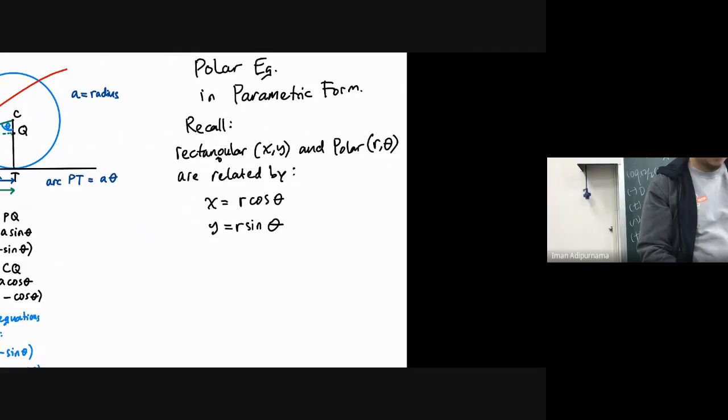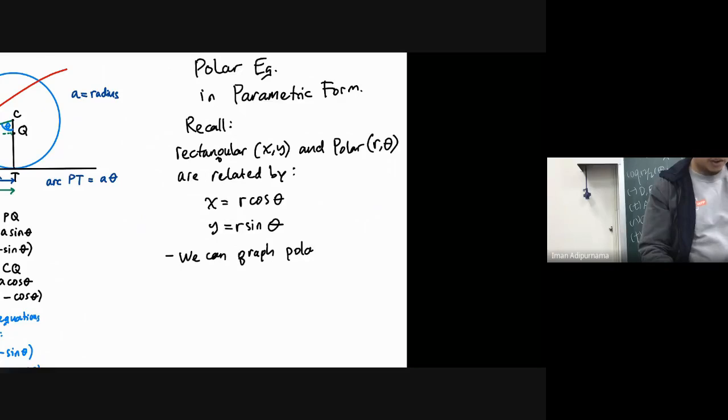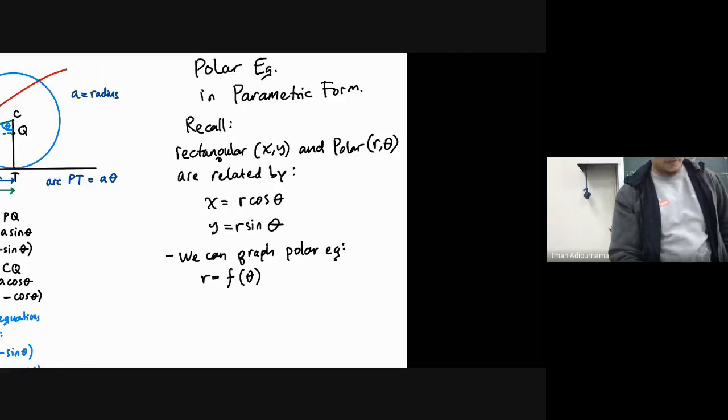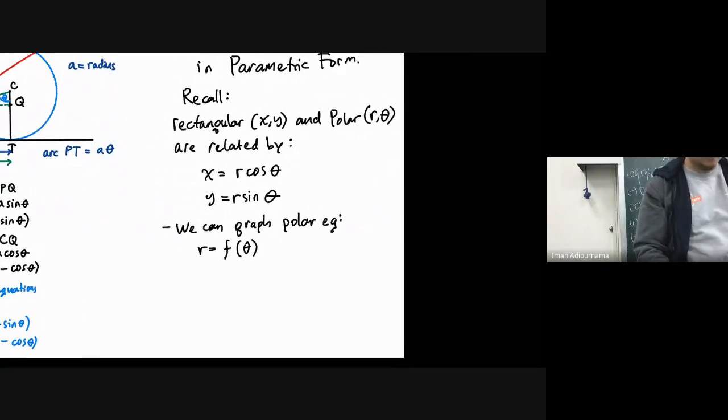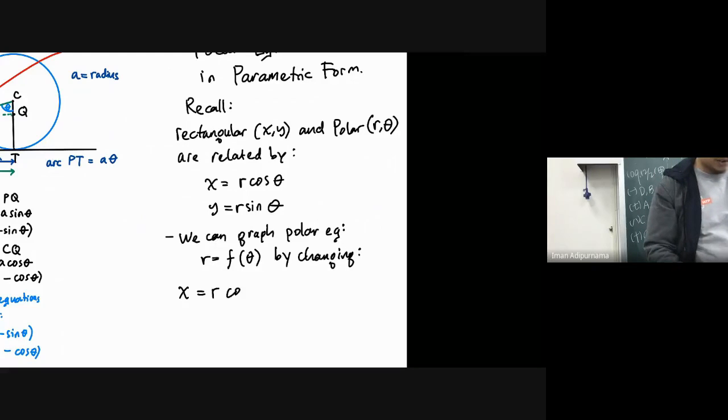So we can graph a polar equation, r as a function of theta, by changing x is r cos theta. We can change this to this form.